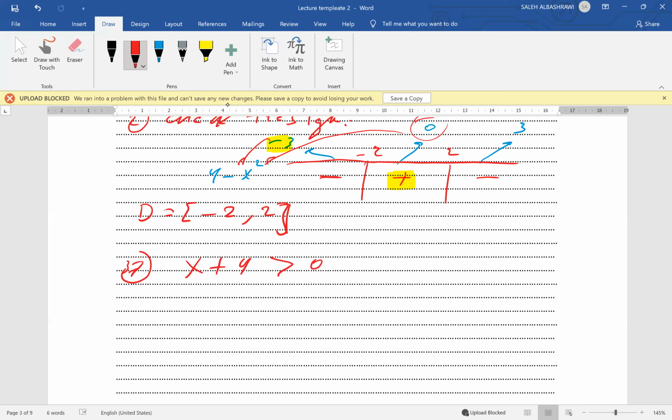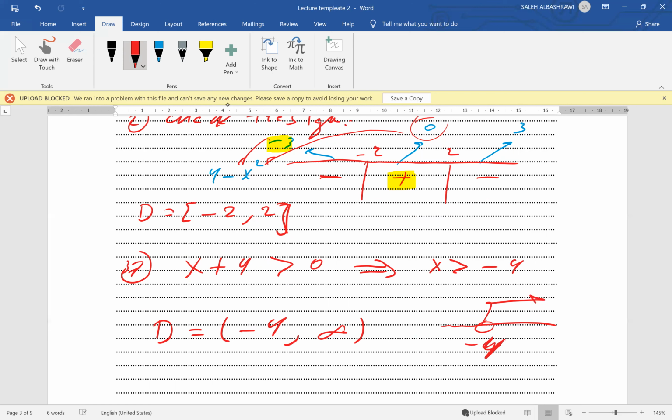Now this is a linear inequality. It will give me x greater than minus 4. So the domain for this function will be open at minus 4 to infinity because it is greater than. This is the graph: open at minus 4 to the right. So the domain for this function is from minus 4 to infinity.